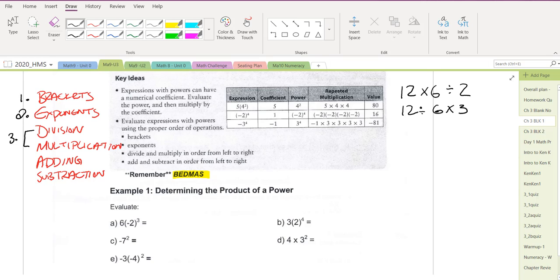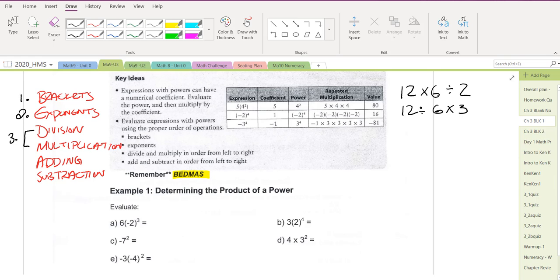If you're choosing between multiplication and division, which one to do first, and they're right next to each other, you read it and do them left to right as you would read it, right? So in this case, you go 12 times 6 on the top, then you divide by 2, right? You don't go 6 divided by 2 first, then times 12, right?